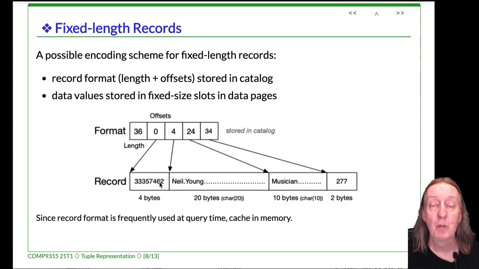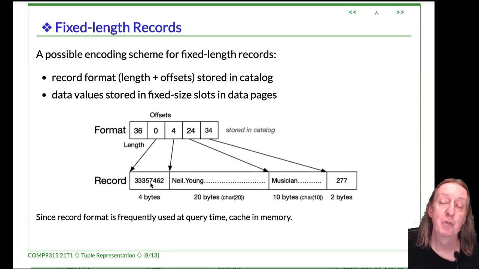How do we know it's 4 bytes? Two possible ways we could work that out. One is to also know what the type is, and knowing what the type is will give us the size. Alternatively, we could just look at the starting point of the next entry and say, all right, all of the bytes up to that point are part of the first attribute.